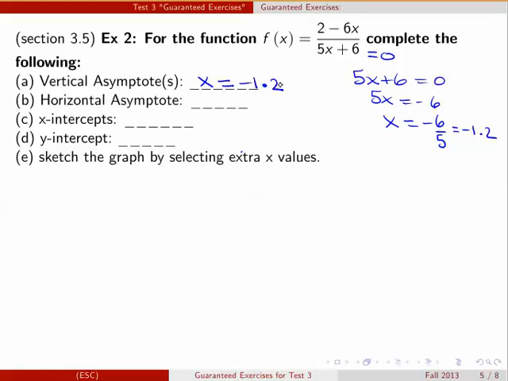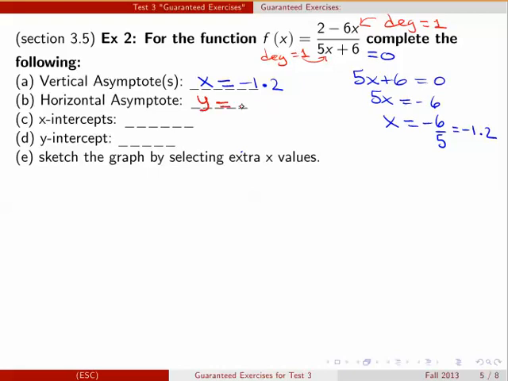For the horizontal asymptote, we look at the highest power of the numerator, the degree. So here the degree is 1. The degree of the denominator, you can see there's only one x, so that power is 1. So they share the same degree, and when that happens, the horizontal asymptote is a fraction.